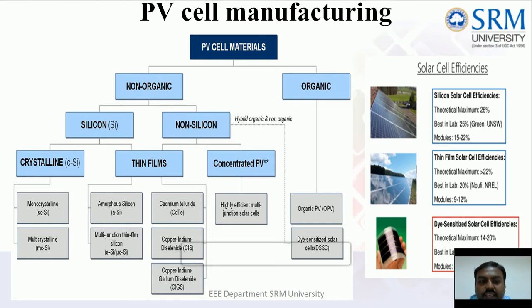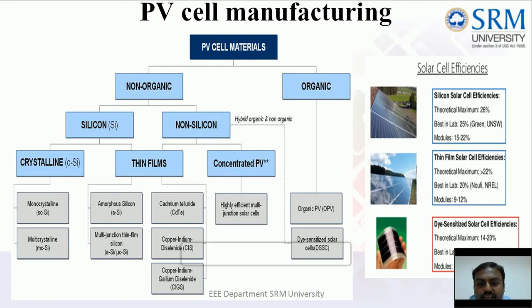Silicon is the major component of PV manufacturing and can be classified into crystalline silicon and thin film silicon. Crystalline is further classified into monocrystalline and multicrystalline, depending upon the manufacturing technology and the extraction from an ingot. Likewise, huge research is happening from the material science side to improve the efficiency of PV.